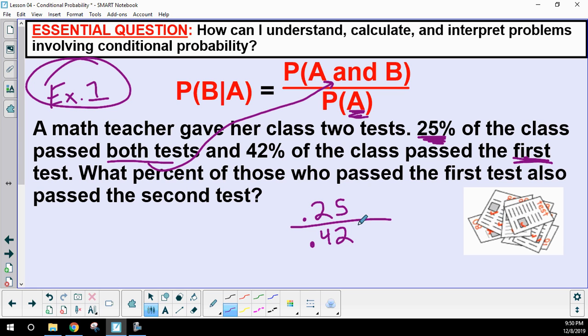Grab your handy dandy calculator, which I don't have because I'm using my laptop at the house, but I'll just use the Desmos graphing calculator. So 0.25 divided by 0.42. I get somewhere along the lines of 0.595. I think I'd round that to 0.60. Boom, let's see if I'm right.